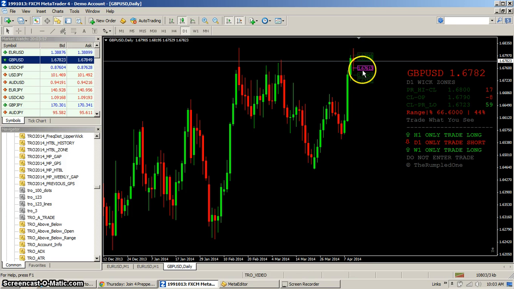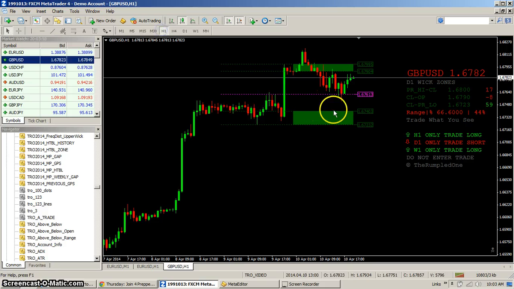And you see the magenta line, that is the previous day's midpoint, halfway between the previous day's high and low. And you see the price action around the midpoint. Once again, something to note. That's why it's there. You might want to consider exiting a trade there with some pips in your pocket.